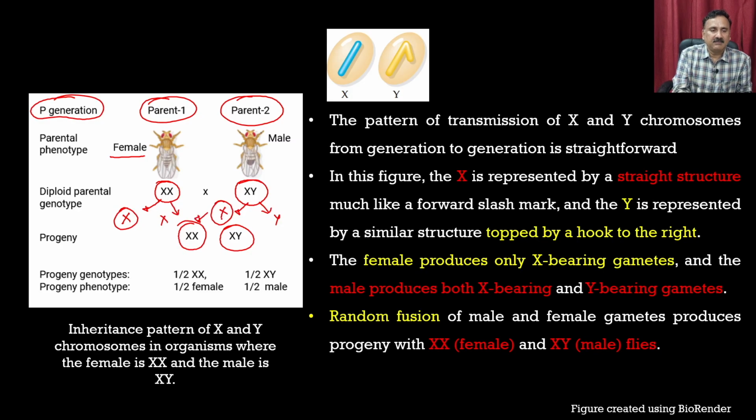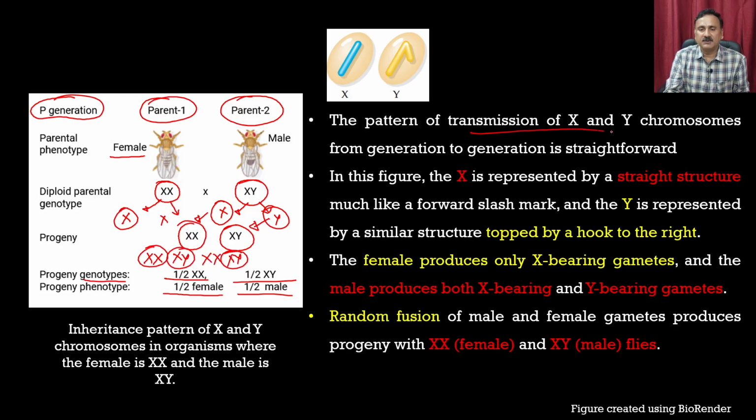If X matches with Y, then it is going to produce this. So the progeny genotype would be half XX, half XY, and that's why there will be a 50% probability of females and a 50% probability of males, right? Because what genotype are you going to get? You are going to get XX, XY, XX, XY. That means 50% male, 50% female.